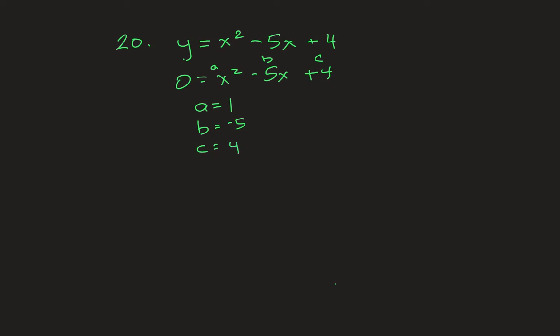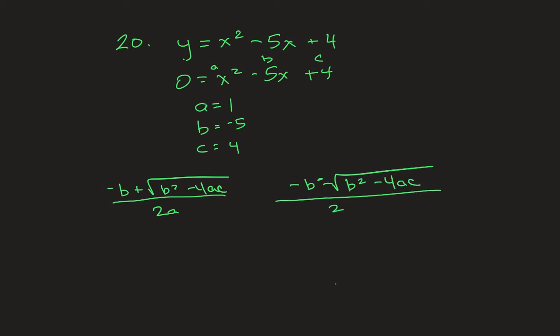And then we're going to use the quadratic formula, which is -b, the first time we're going to use plus, the square root of b squared minus 4ac over 2a, and then -b minus the square root of b squared minus 4ac over 2a.